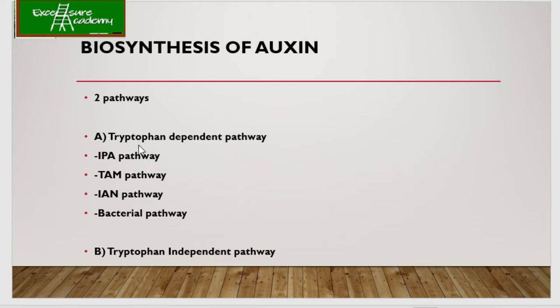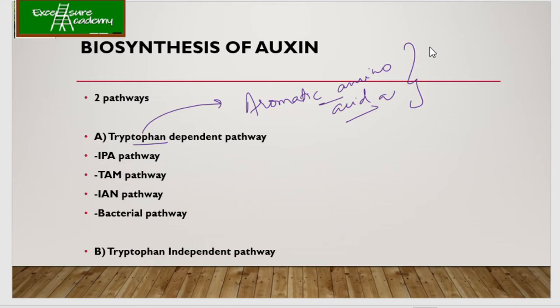The first one is the tryptophan dependent pathway. Guys, you need to remember that tryptophan is an aromatic amino acid. Also remember that tryptophan gets excited at 295 nanometer wavelength.